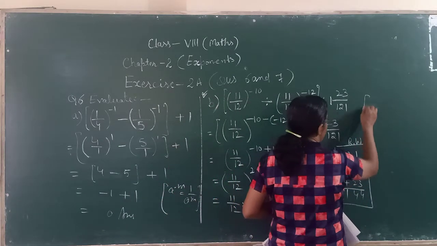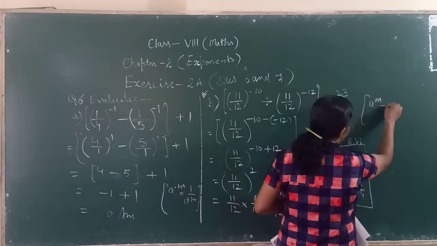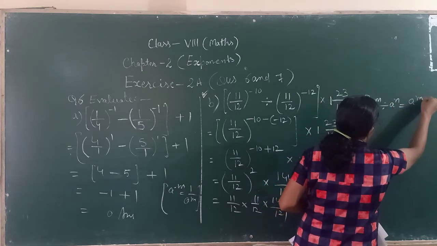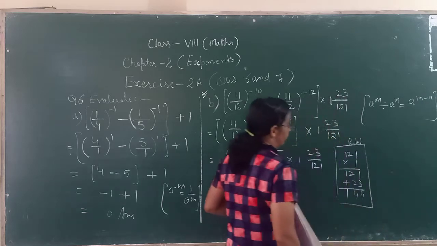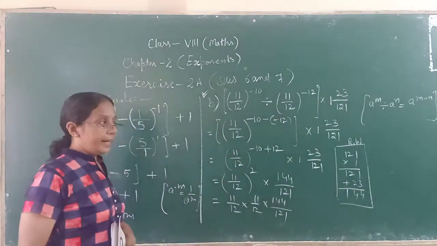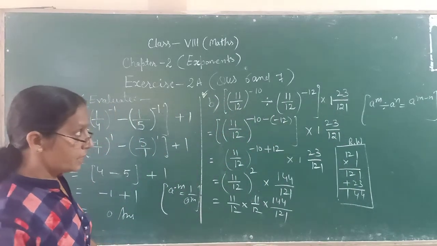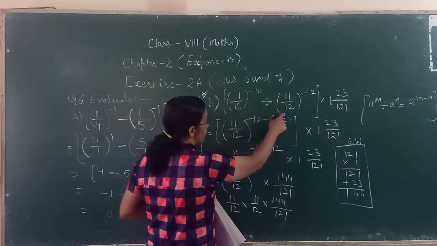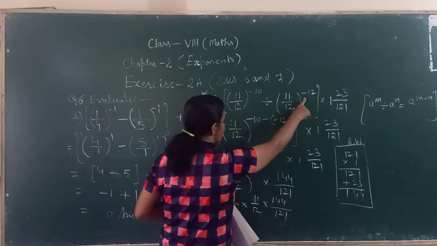That is A raised to power m divided by A raised to power n is equal to A raised to power m minus n. In the same way, A is 11 by 12, m is minus 10 and n is minus 12.